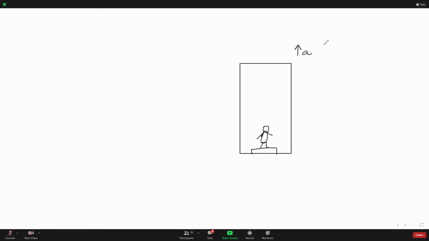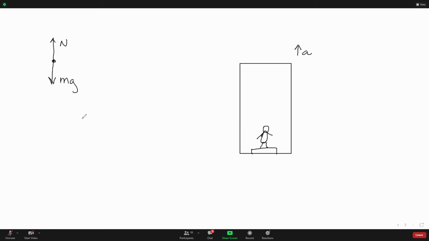Well, let's step outside of the elevator and just watch it accelerating and do a free body diagram for Piglet. So what do we have? We have the mass of Piglet times g pulling down, and we have the normal force of the floor, actually the scale, pushing back up on him. And the normal force N will be the reading of the scale.